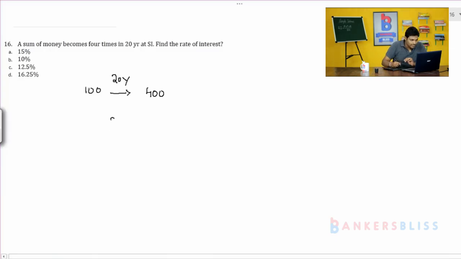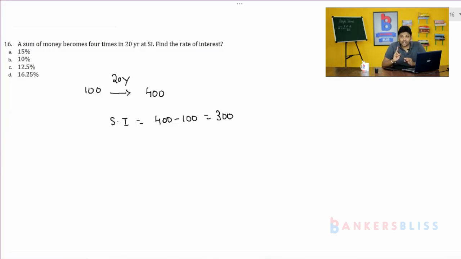Then simple interest is 400 minus 100, which is equal to 300. See, these things you have to do orally. Just for the explanation purpose, I am writing each and everything on the screen, but you have to do these things orally. So simple interest is equal to 400 minus 100, 300. So 300 rupees for 20 years.